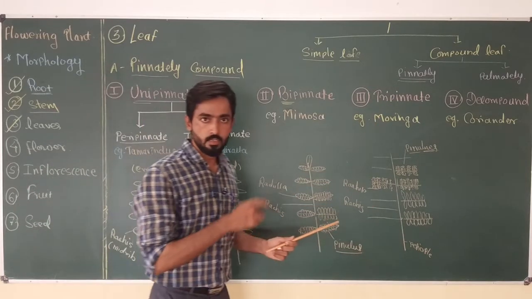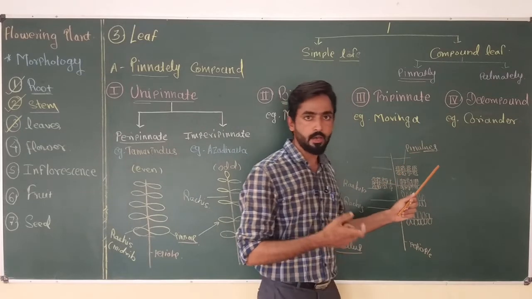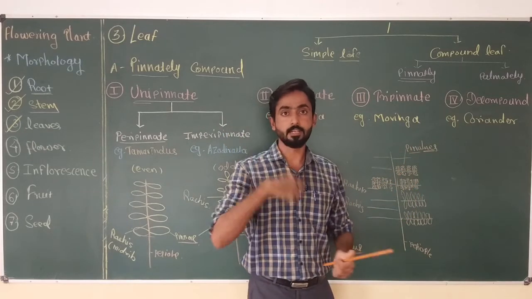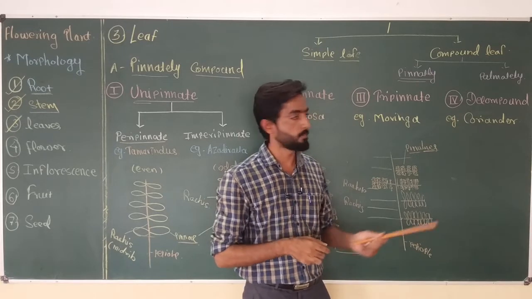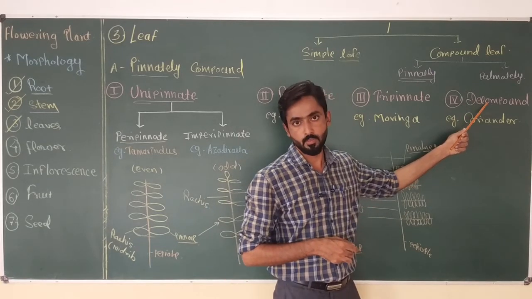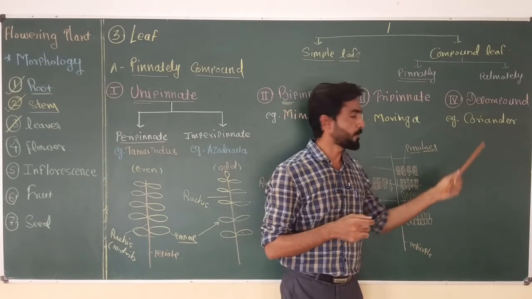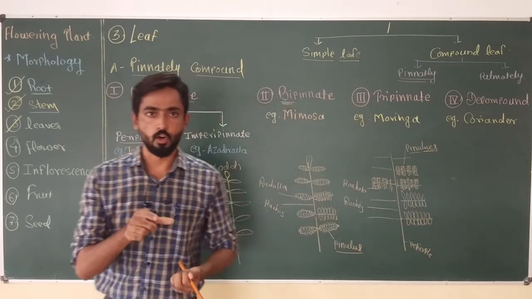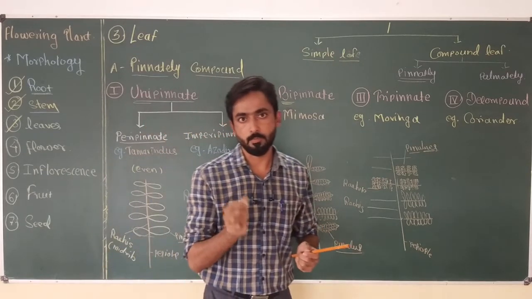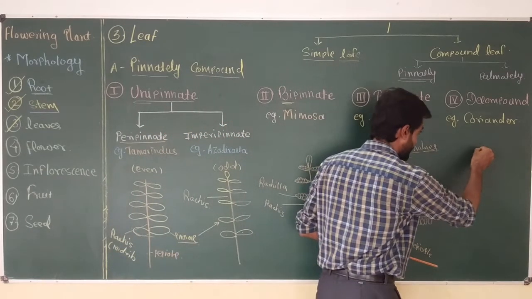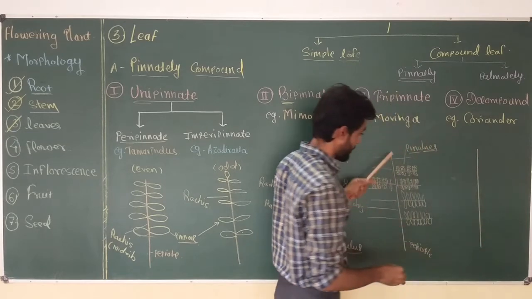And if the incision in the main lamina takes place more than three times, then it is not called quadripinnate or tetrapinnate, but it is called decompound. Okay, because such a type of leaf is very difficult to draw, as due to the many incisions very small structures are produced. Okay, but for understanding purposes, this is the midrib.